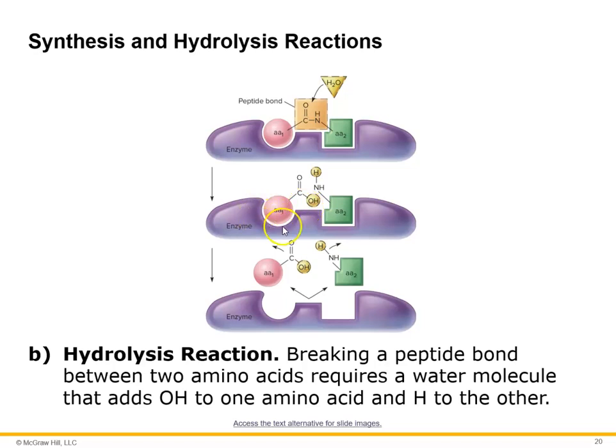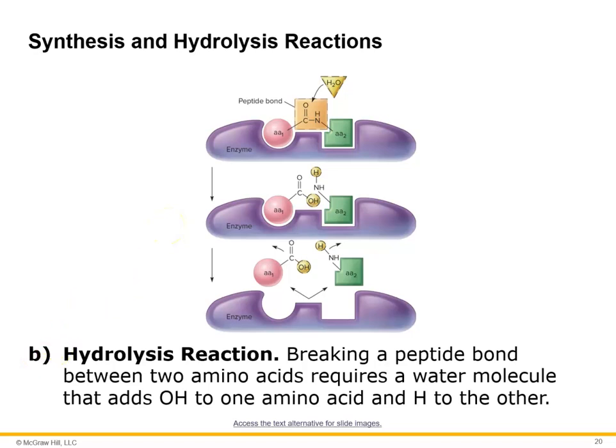And the enzyme is going to change shape, put pressure on those bonds, break the bonds, and a hydrogen and a hydroxide are going to be added to the substrate. The enzyme is going to change shape back to its original shape, and in doing so, it's going to release the products. What we've done here is we've taken a big molecule and broken it down into two smaller molecules using water in the process. So this is a catabolic reaction.